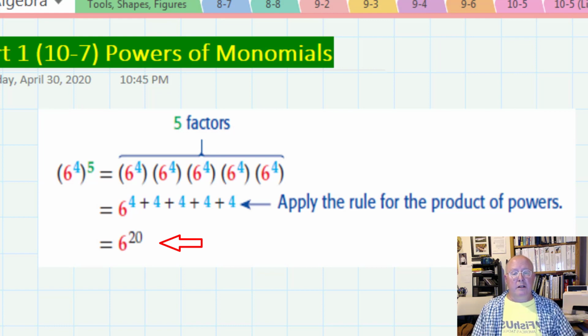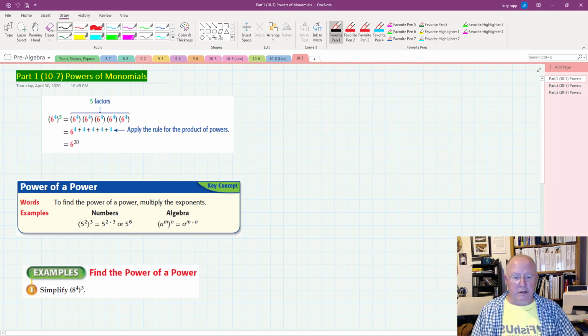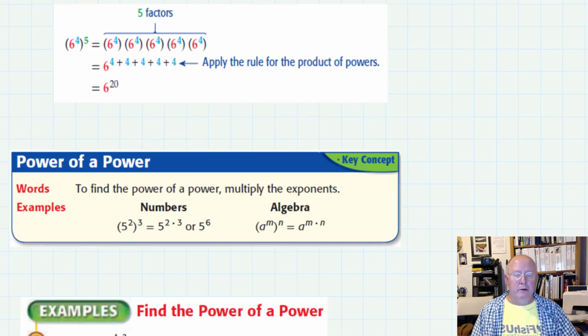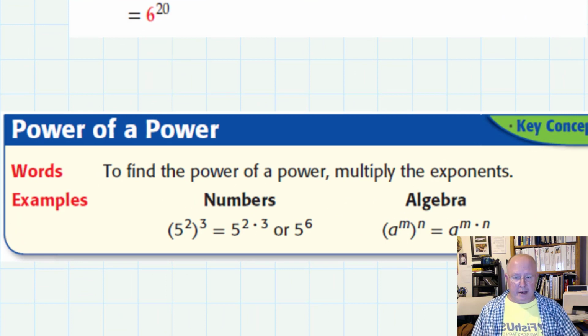So that leads us to a key concept, and that is the power of a power. To find the power of a power, multiply the exponents. So if you have 5 squared and you want to raise that quantity to the 3rd power, then that becomes 5 to the 2 times 3, or 5 to the 6th.